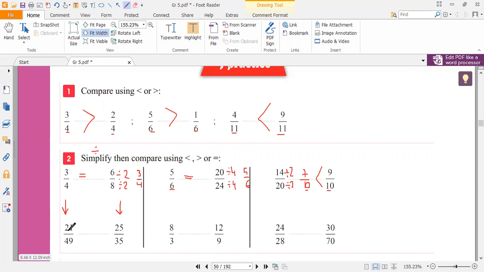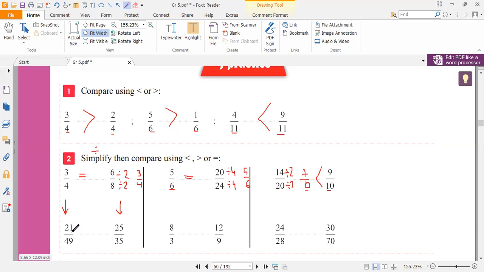Now let's start. 21 and 49. Are they divisible by 2? No, they are not even numbers. Are they divisible by 3? 2 plus 1 is 3 and 4 plus 9 is 13. No. Are they divisible by 4? No. Are they divisible by 5?